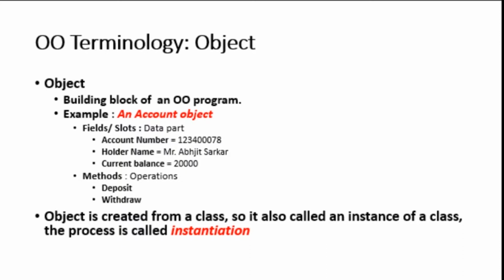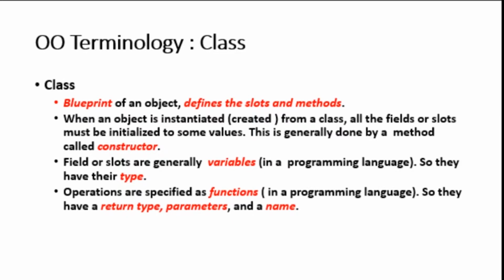In object-oriented programming, objects are created from a class. This process of creation is called instantiation. Class. A class defines the blueprint of an object. In this blueprint, the fields and operations are specified.